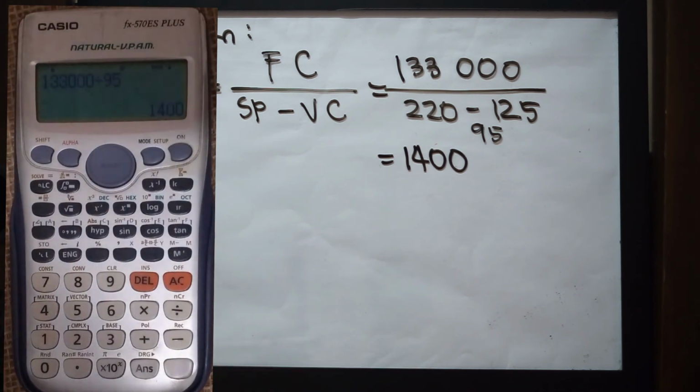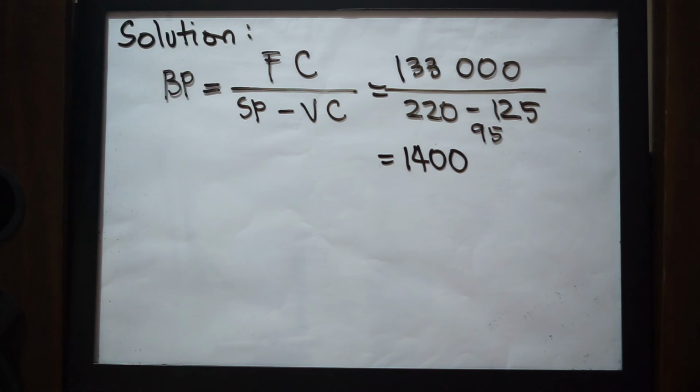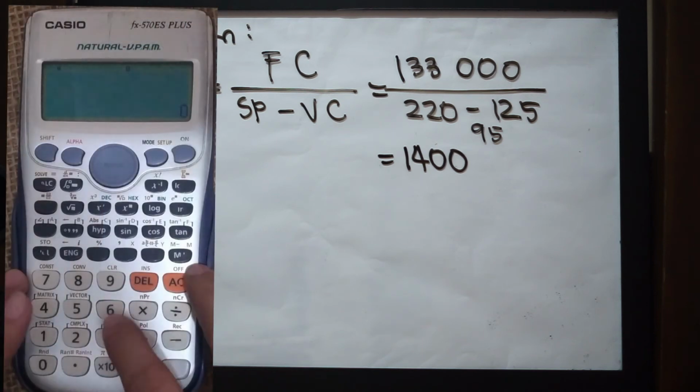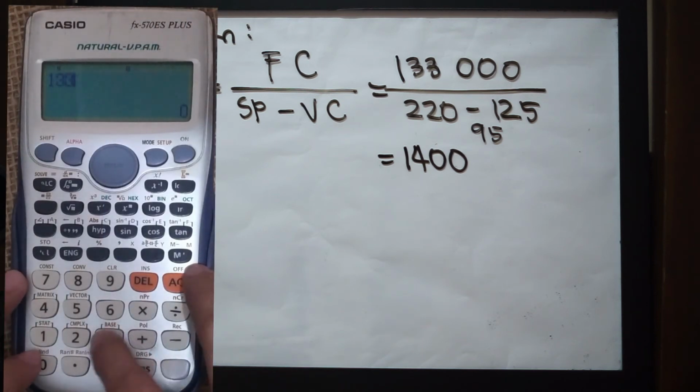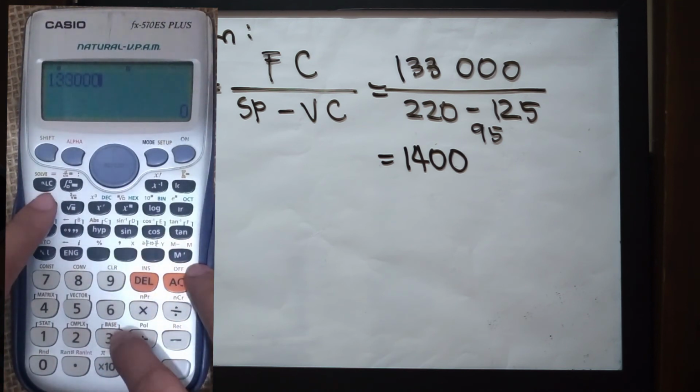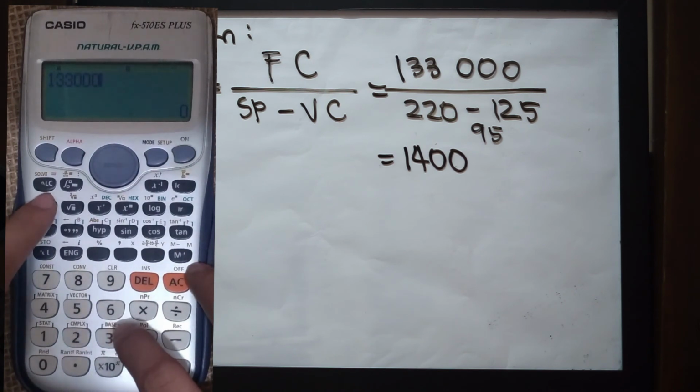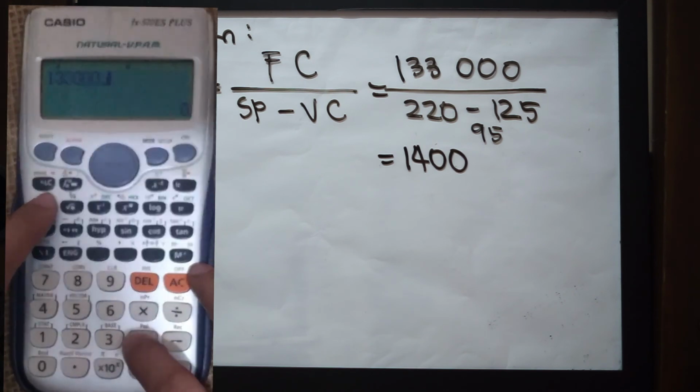O kaya naman, para dun sa mga two-liner ang calculator, nakagawa ko ng paraan sa aking calculator na yung lalabas sa screen ng two-liner calculator, yun yung lalabas sa screen ko. Sorry, ngayon ko lang na-realize na pwede pala. So, parang ganito. Pakisundan na lang yung calculator, 133,000, tapos you press the fraction function na key sa inyong calculator.